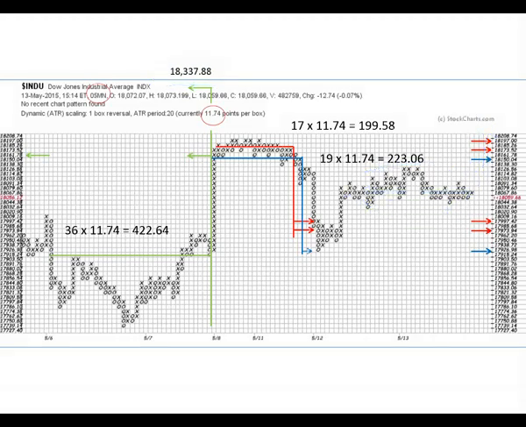So my main point in showing this isn't so much to make a call on the Dow or an index, as it is to demonstrate that there are some great tools, and that point and figure works on whatever time scale you want to work with. No matter what time frame you want to work in, you can use the very robust counting methods to help you determine, in this case, think of the richness.